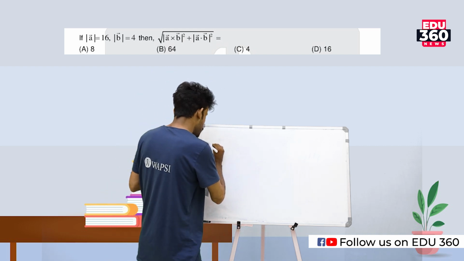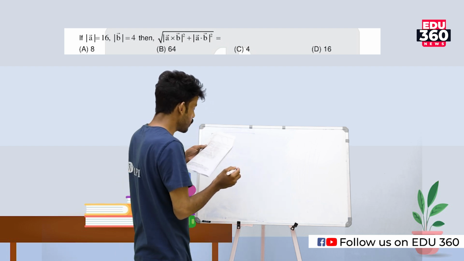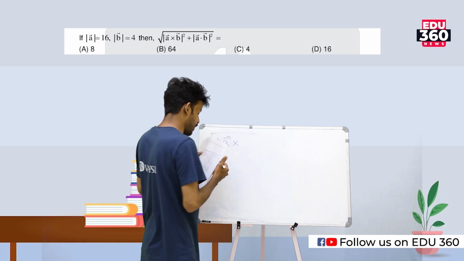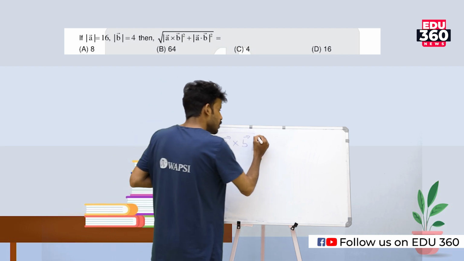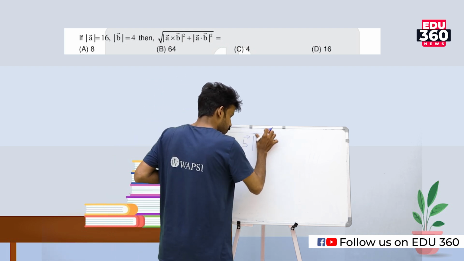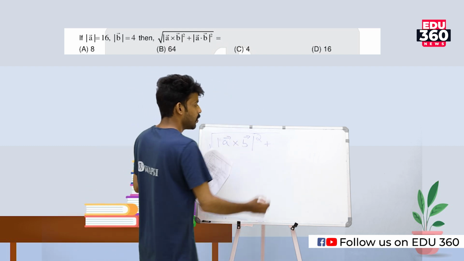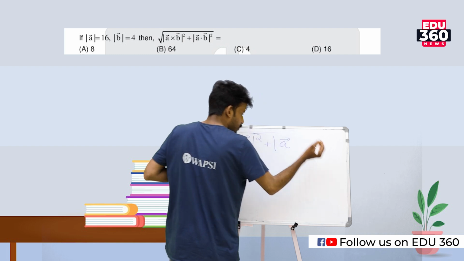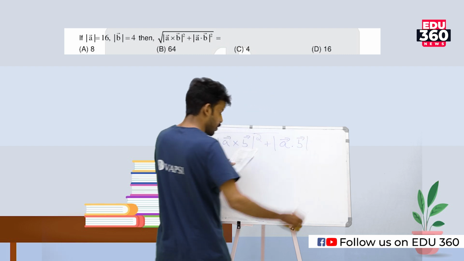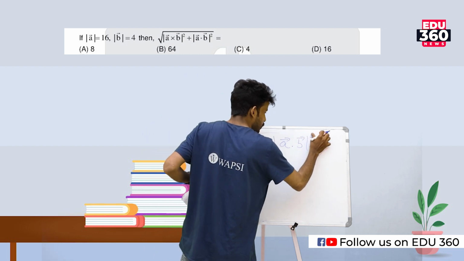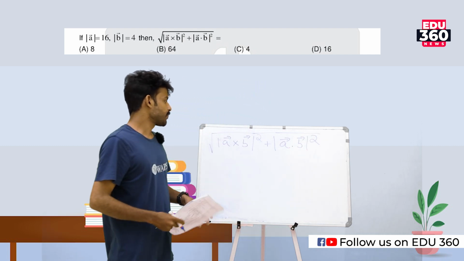So here in this question we need to find the value of the root of modulus of A vector cross B vector the whole square plus modulus of A vector dot B vector the whole square.